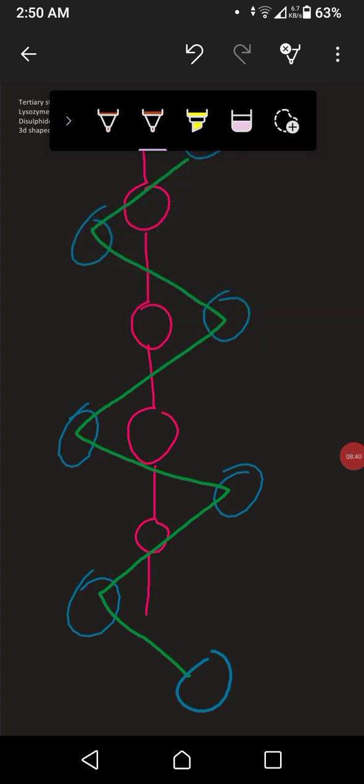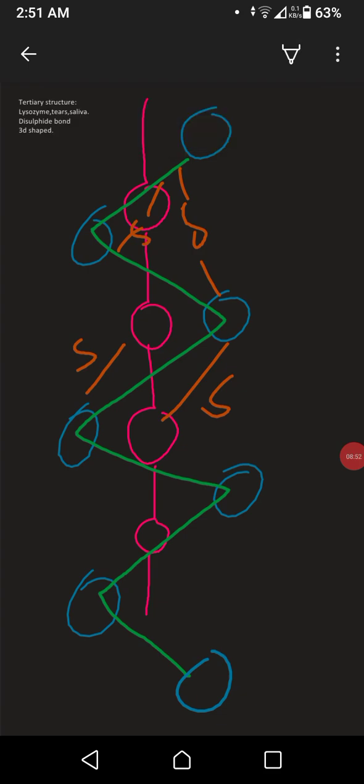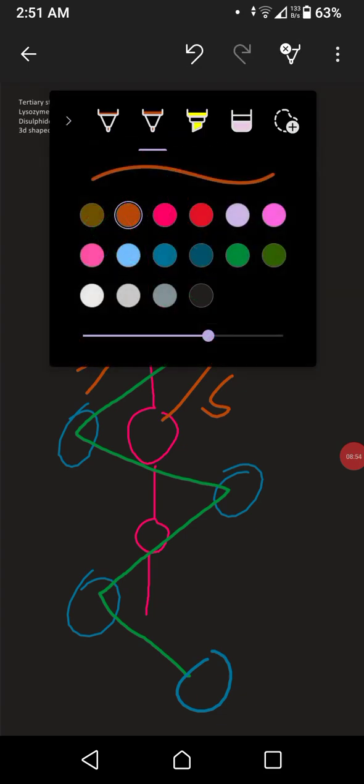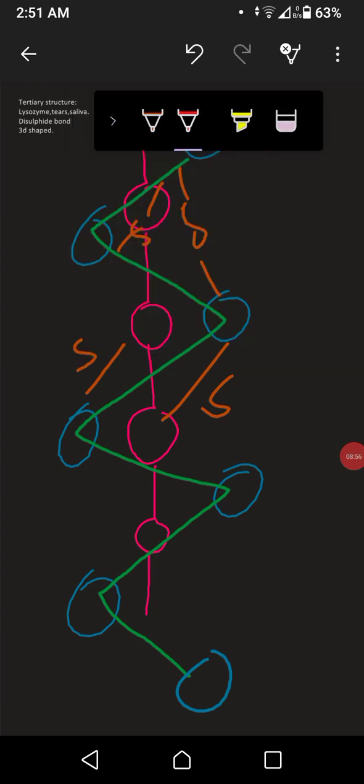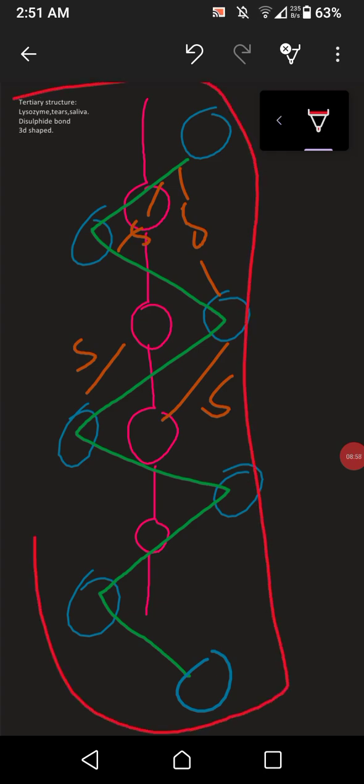Between these two the sulfide bond is present, between these two the sulfide is present.